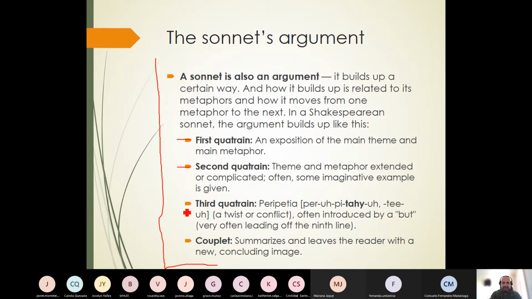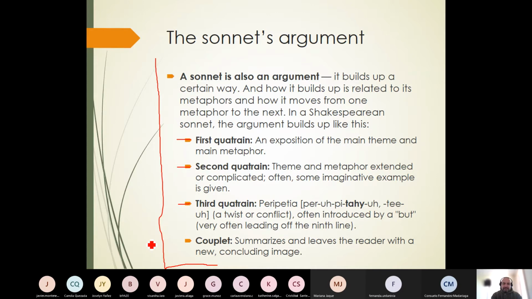And in the third quatrain, peripeteia, a very strange word, or a twisted conflict. It gives us a twist so we can finally understand what the main focus of the poem is. Maybe we were pushed towards one direction, and then this third quatrain gives us a twist and forces us to look at the matter from a different perspective.